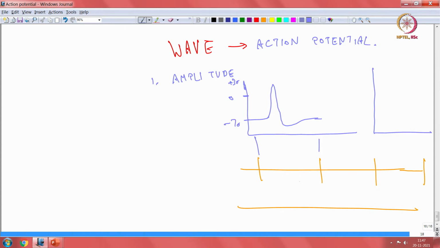The voltage gradient across this membrane remains the same. The sodium and potassium concentration gradients across this membrane remain the same, and it is only the time which has changed. So basically what I am trying to convey is that the amplitude of the wave function remains the same.